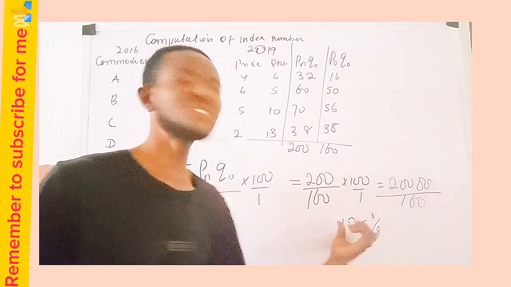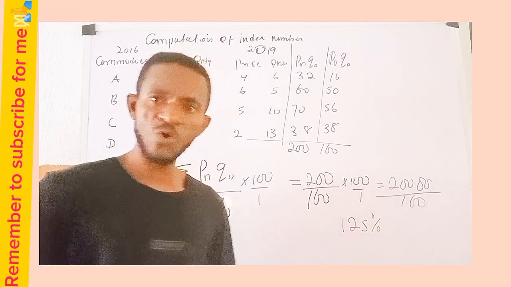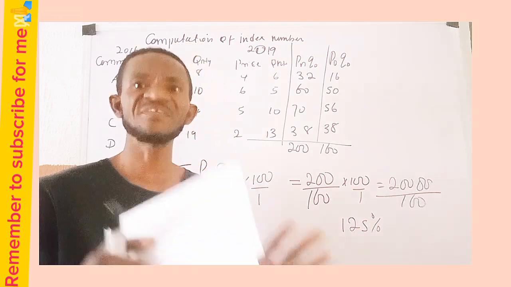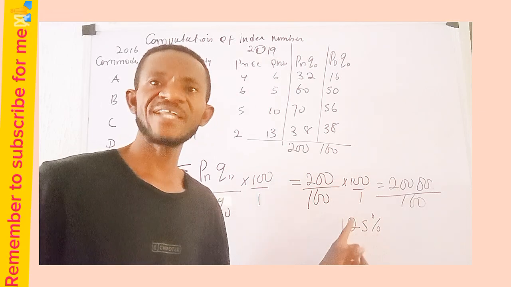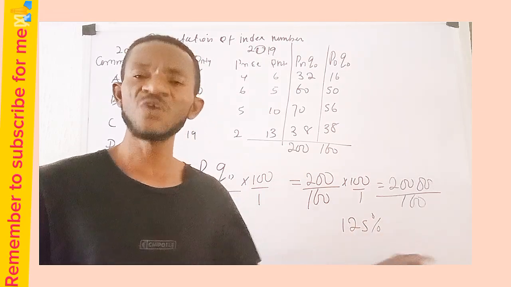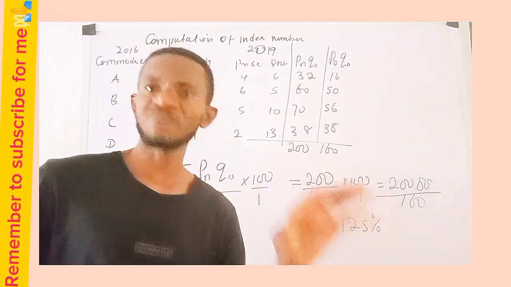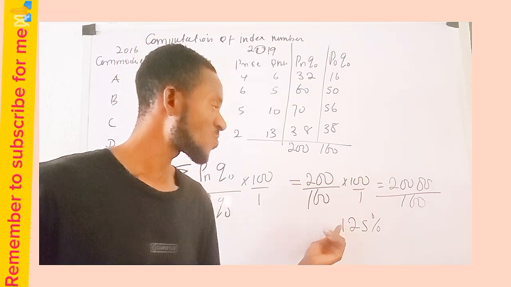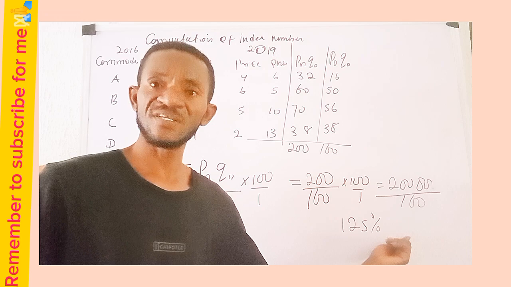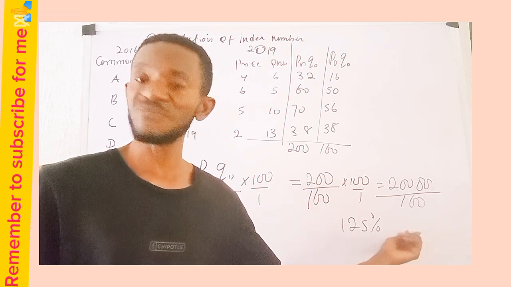Because it is a positive quantity, we now know that the prices of these commodities have increased. But if after we have subtracted 100 the answer turns out to be negative, we know that the price of the commodities has equally decreased. In this case, 125 minus 100 is 25, which is positive.